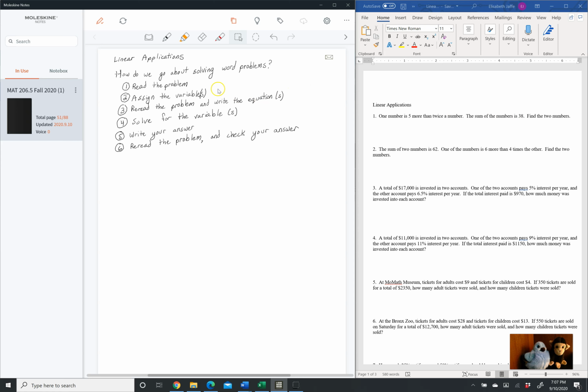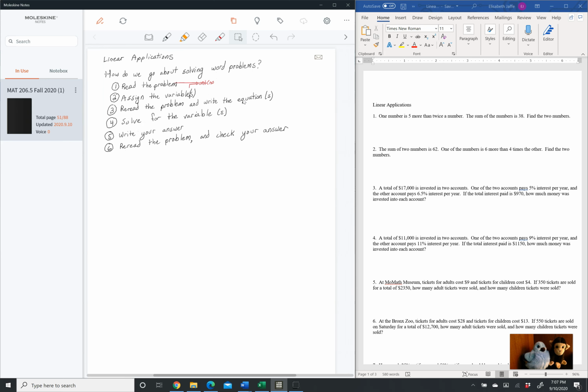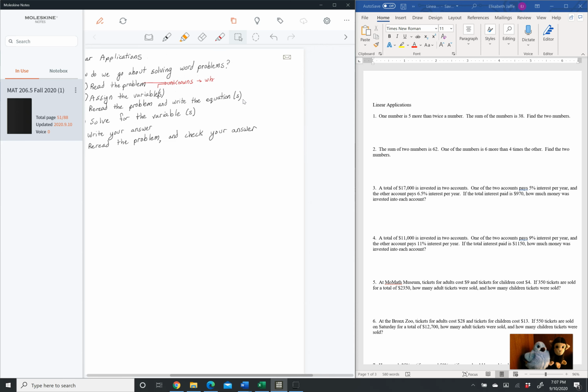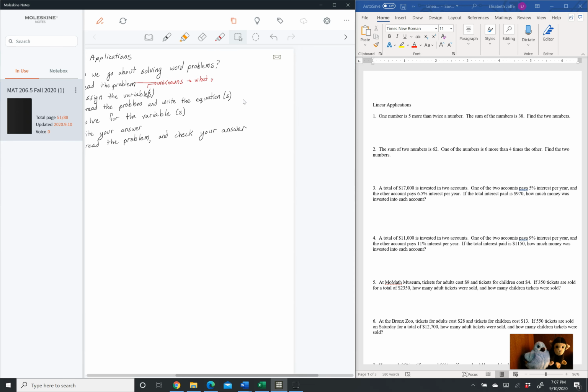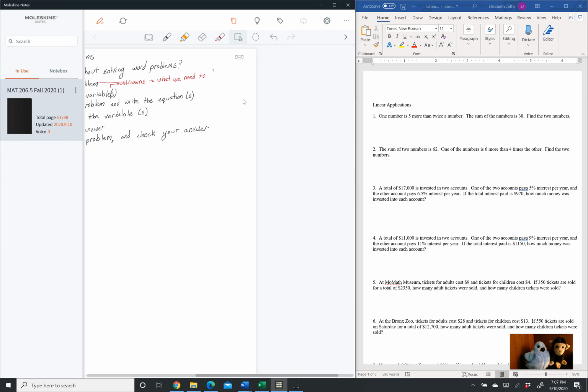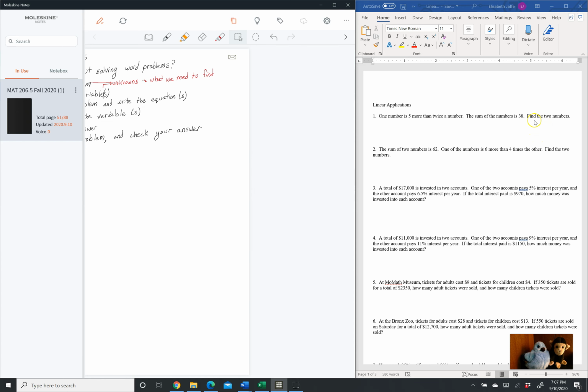So we read it. Now we want to assign the variables. The variables are the things that we don't know, so these are our unknowns, or what we're looking for. In these problems, the things that we are looking for are usually identified in the last sentence.